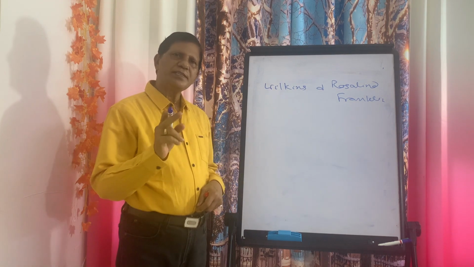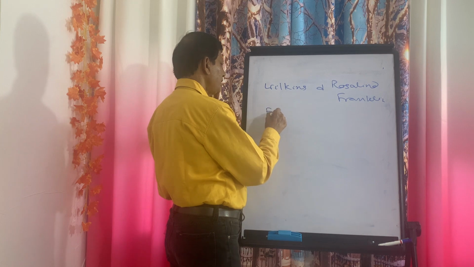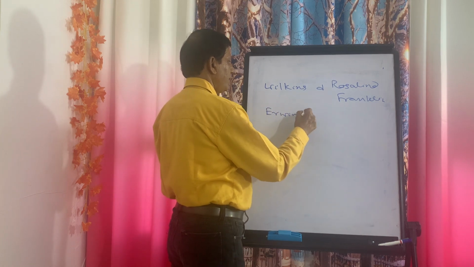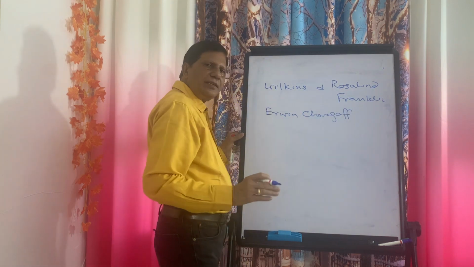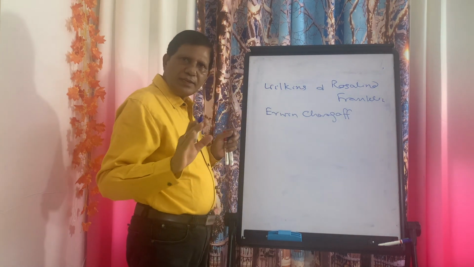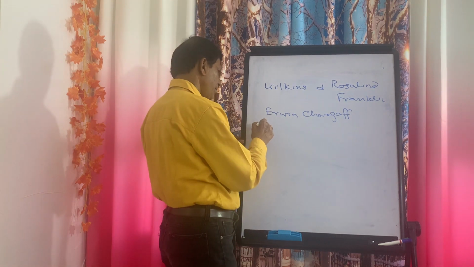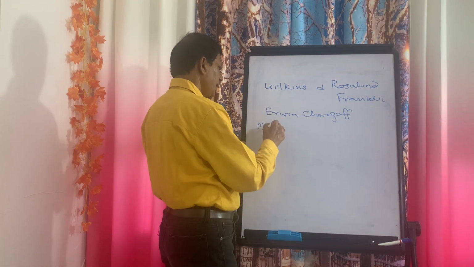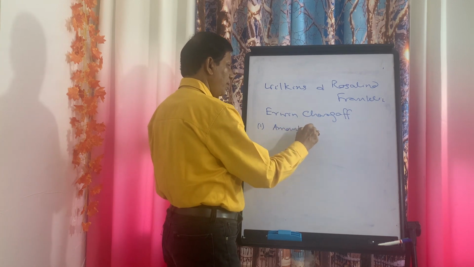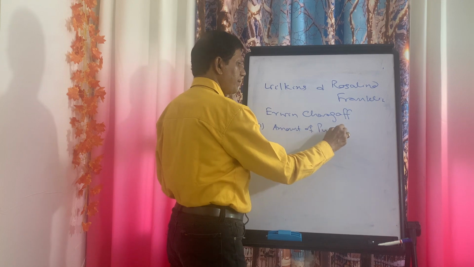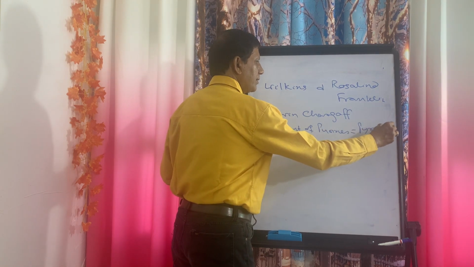But during the same time, another scientist, Erwin Chargaff, studied the chemical analysis of DNA and came to the conclusion that, number one, in a DNA, the amount of purines is equal to the amount of pyrimidines.